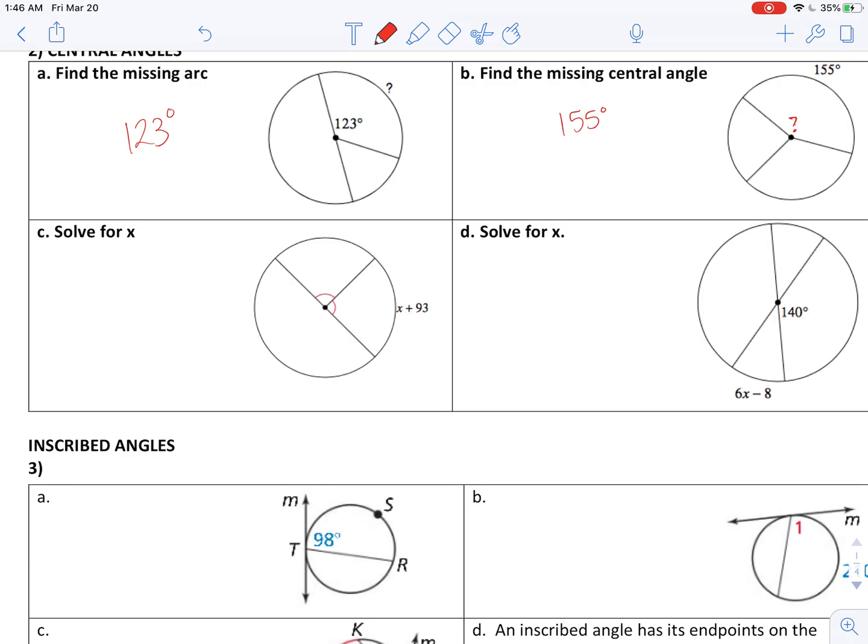If I cut that circle in half, well, that whole arc's got to be 180. And if this is showing me that these two angles are congruent, I can split 180 in half and get 90 and 90. So now let's say x plus 93 equals 90. So what is x? X must be negative 3.